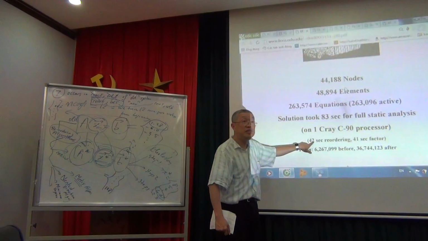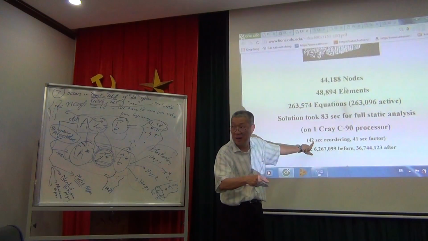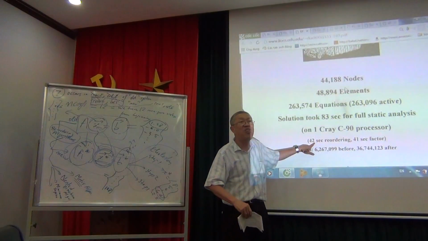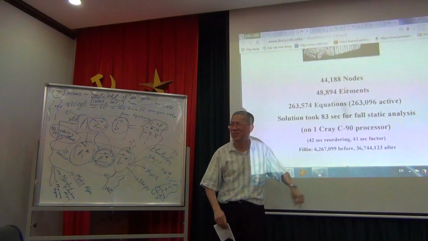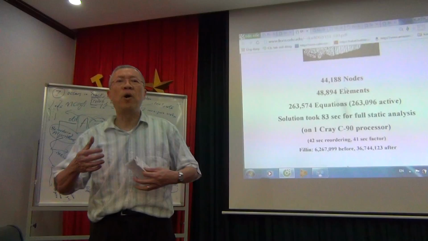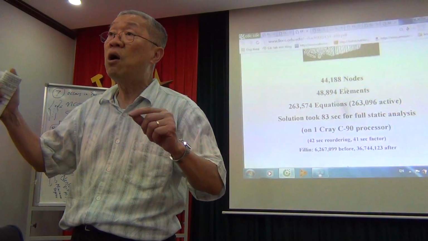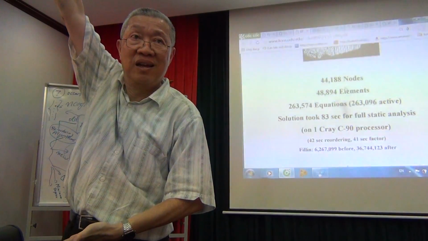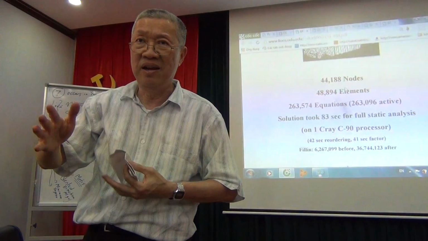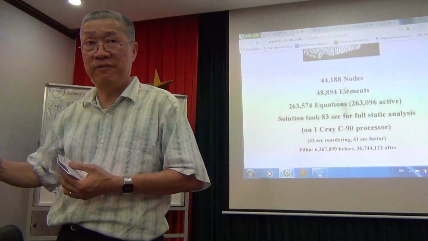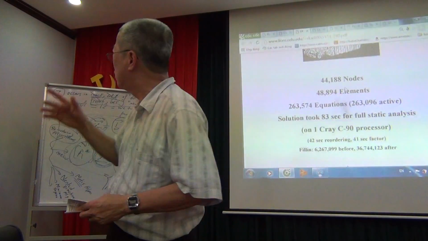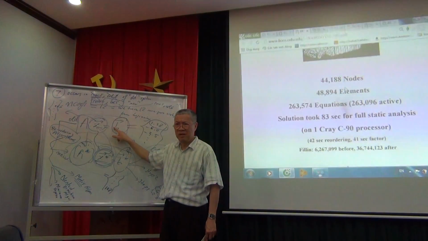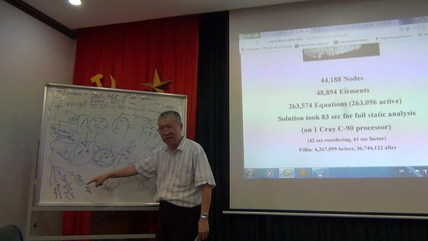This is what you waste. But when you solve the new system, you may save thousands of seconds. So my point is, to use his algorithm, it will cost you a little bit, but what you gain is very big. And that's why, in real life, nobody is stupid enough to solve the original system. Everybody has to go through this.